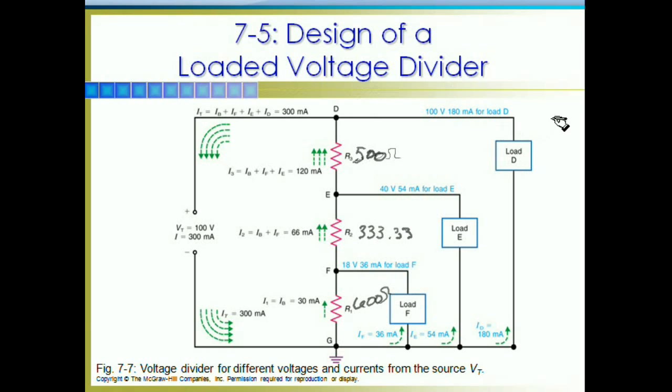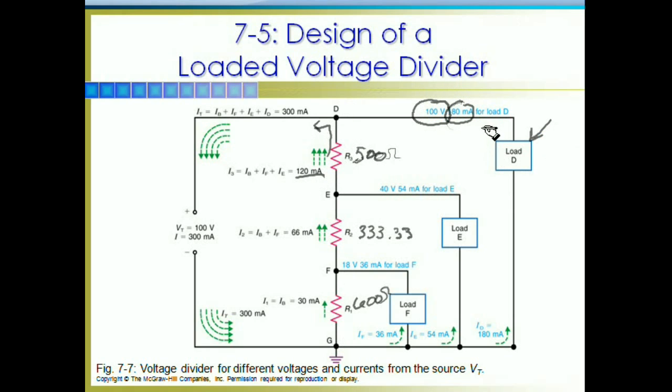Okay, then my load D here, of course, is going to want to see the entire voltage source at 100 volts, and he's going to use 80 milliamps. So at point D, I've got this 120 milliamps flowing up through the voltage divider network, and then I've got another 80 milliamps.